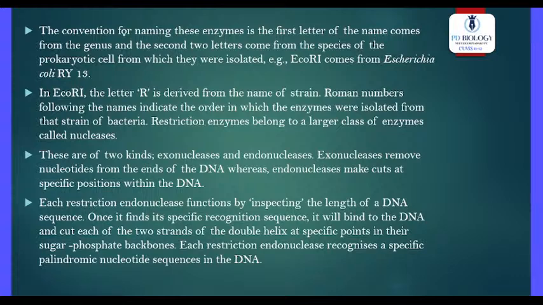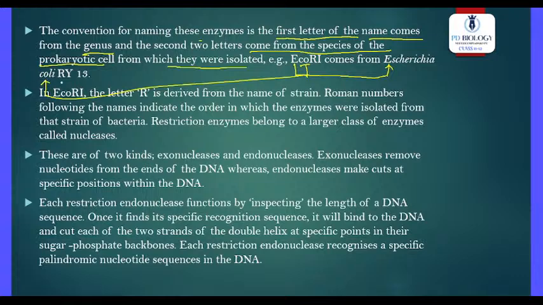The convention for naming these enzymes, that I told you on the earlier slide: the first letter of the name comes from the genus, the second two letters come from the species of the prokaryotic cell from which it was isolated, such as E stands for Escherichia, CO stands for coli, and R is derived from the name of the strain.